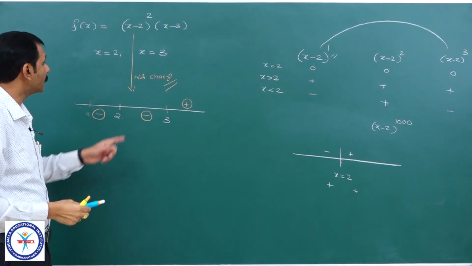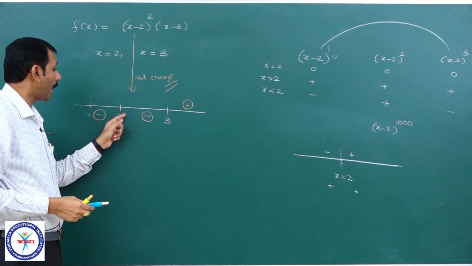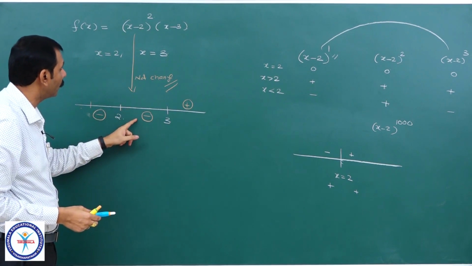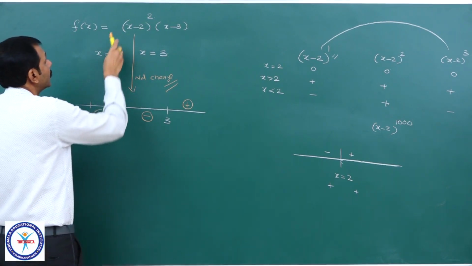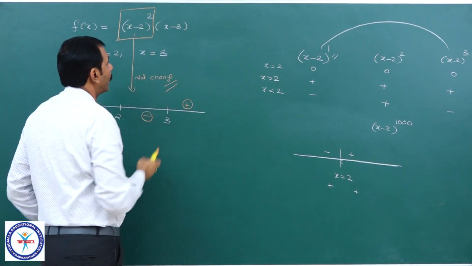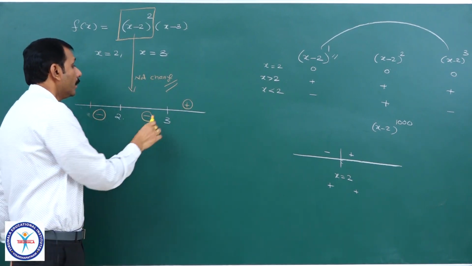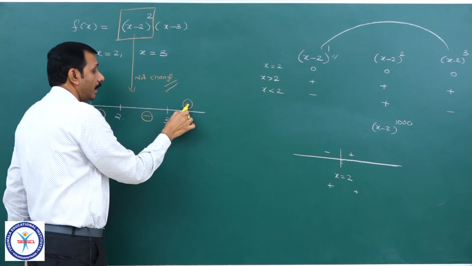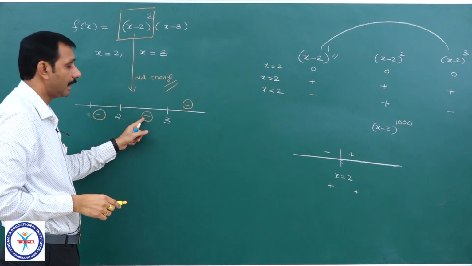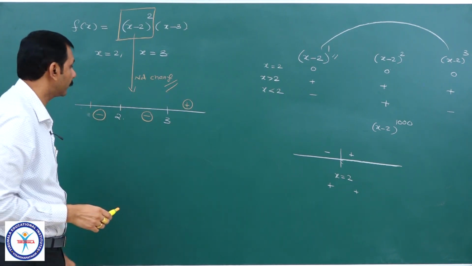Therefore, total sign will depend on x equal to 3 only. Greater than 3 means it is positive, and values which are less than 3 means it is negative. Even here also it is negative only.